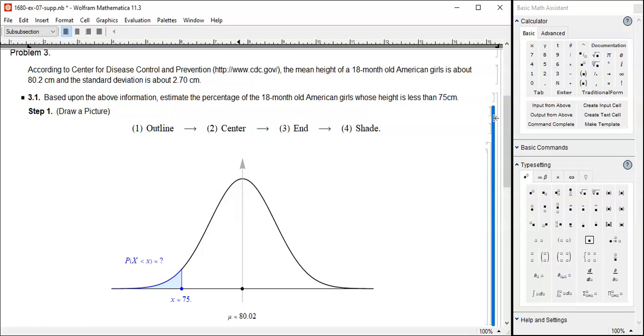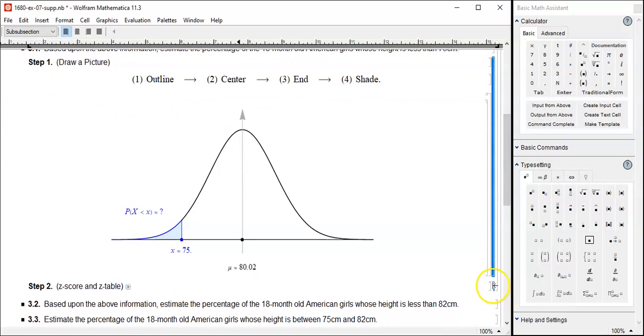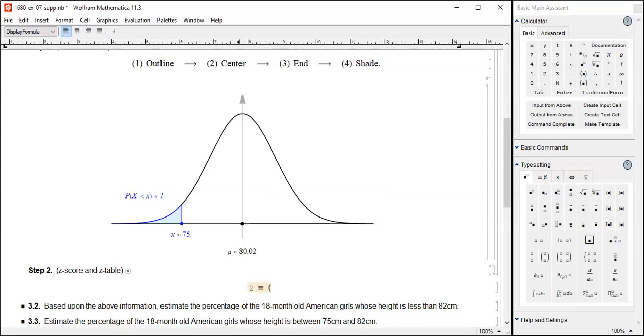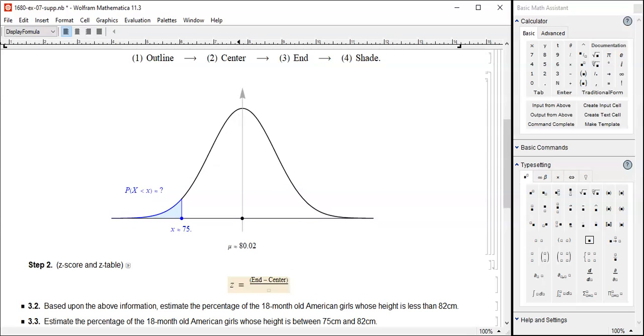Next, we're going to use a formula: z-score is end minus center over standard deviation. Later, this will be changed into SE, but that's after the break, in the second half of the course.